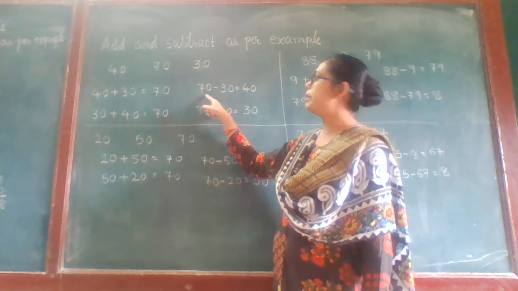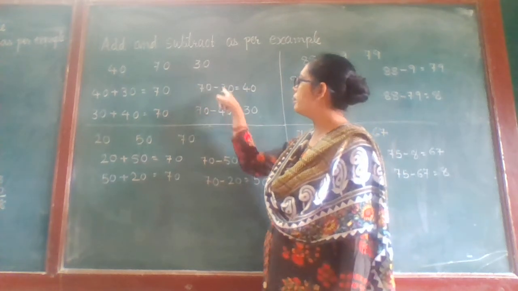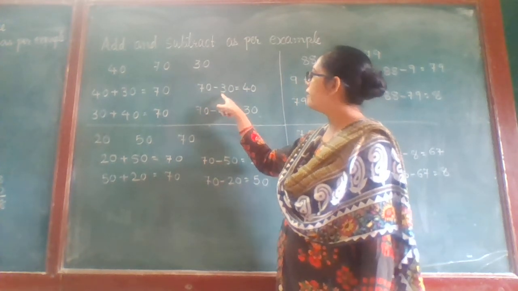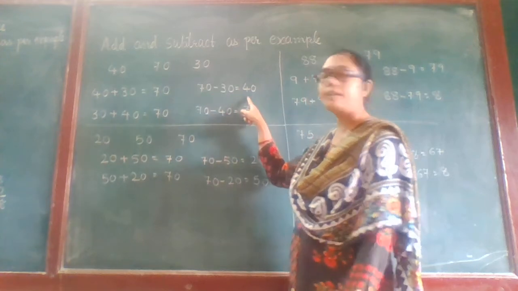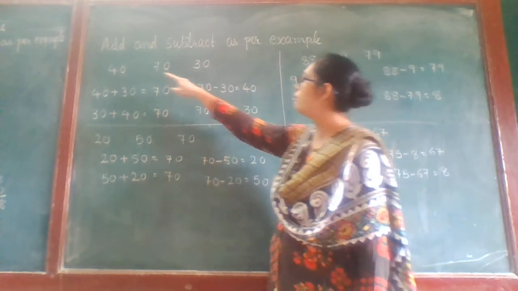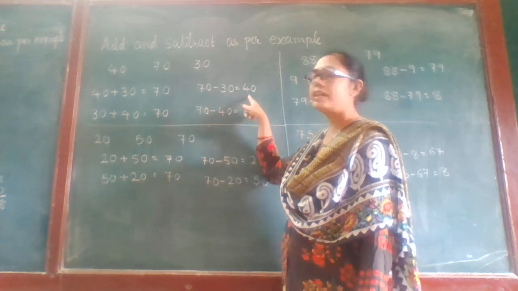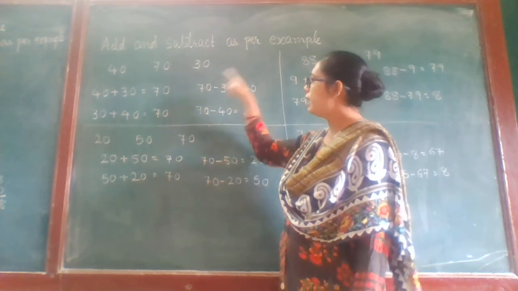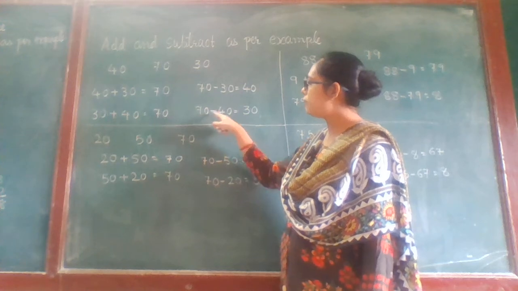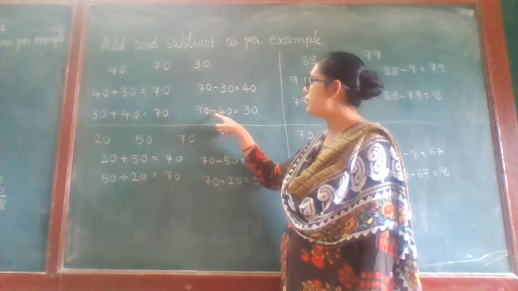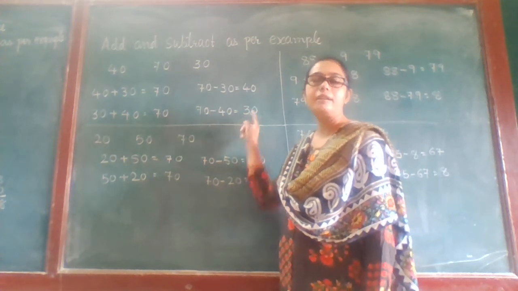Now from the bigger number, we subtract one smaller number, and we get the other number in the answer. See here we have 40, 70 and 30. So 70 minus 30 we get 40. And suppose we subtract 40 from 70, so 70 minus 40 we get 30.